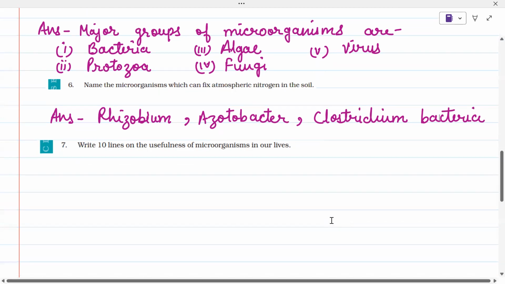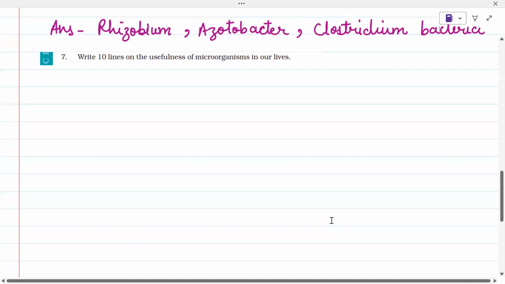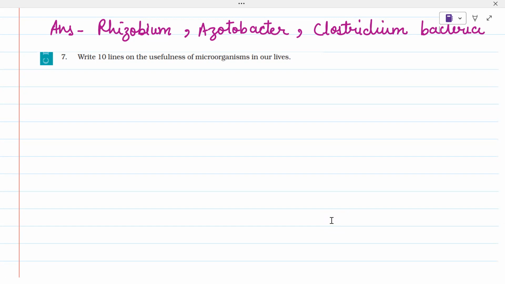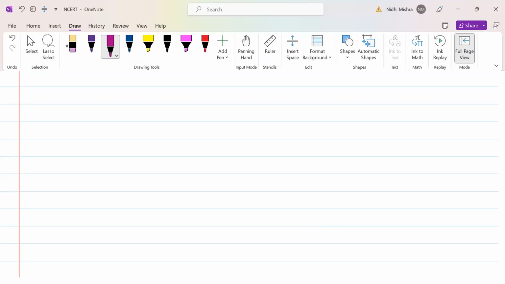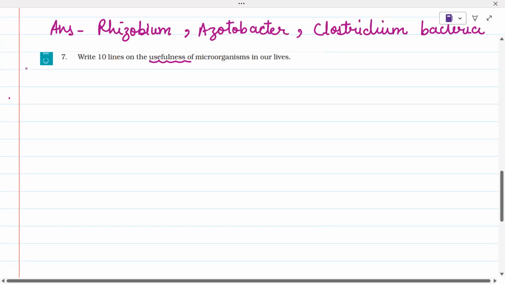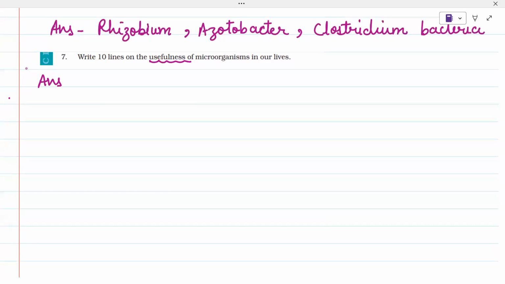Now moving on to the next question. Write 10 lines on the usefulness of microorganisms in our lives. We all know that microorganisms are useful and at the same time they are harmful as well. So here we have to write down 10 lines on the usefulness of microorganisms. We can write point wise.